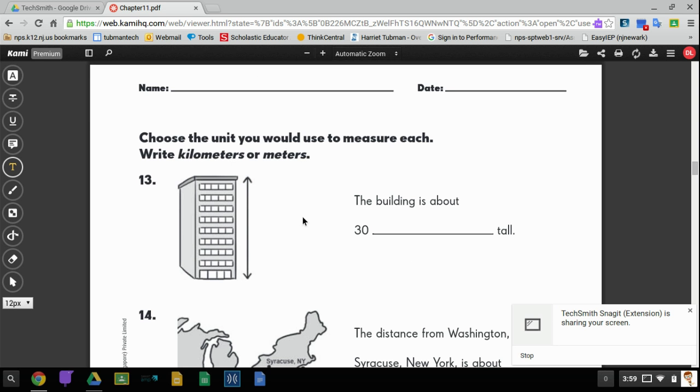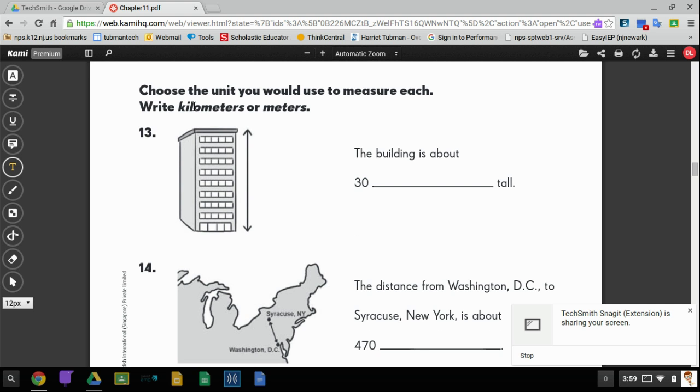This is page 29. Choose the unit you would use to measure each, right? Kilometers or meters. Alright, so we know that kilometers is the greater unit of measurement and meters is our smaller unit of measurement. And we know from before that meters usually measures something like how tall a tree is.